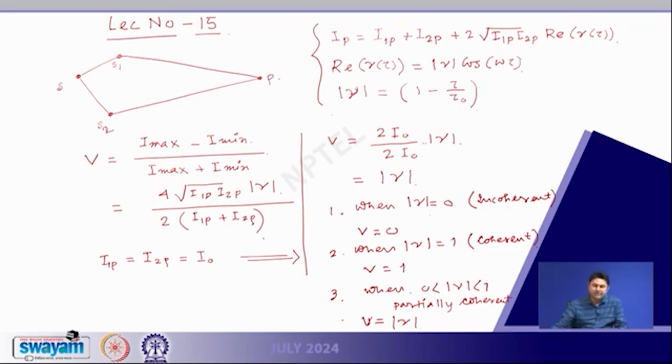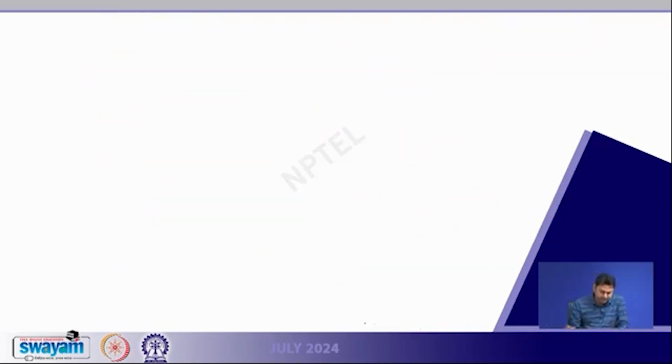The calculation we had already done in our previous class. Now from this, we will try to understand another type of coherence, and that is called spatial coherence. So today we are going to discuss the concept of spatial coherence. So what is spatial coherence?